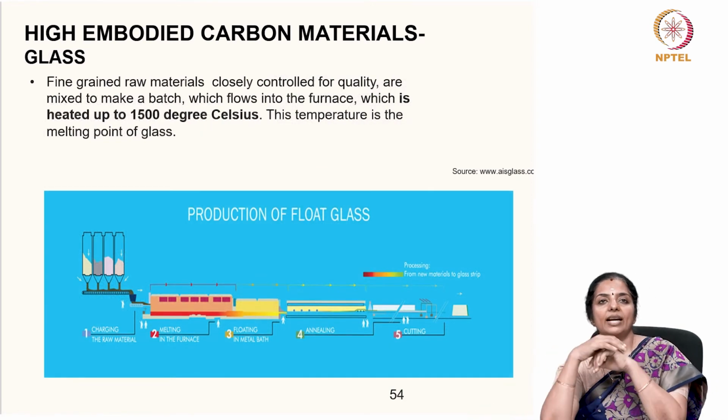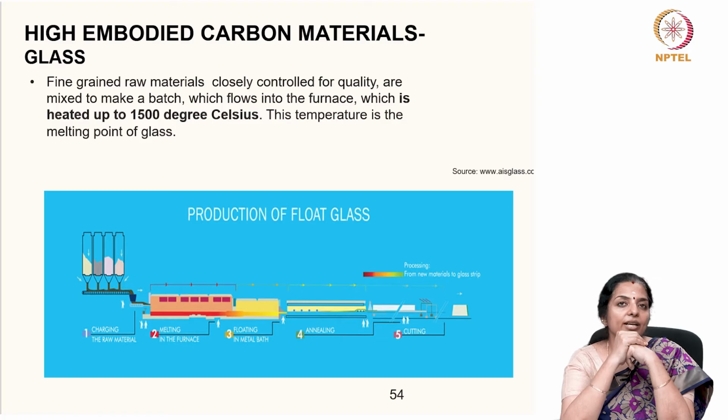Let us now look at another high embodied carbon material, which is glass. The raw materials for glass are silica sand and sodium oxide from soda ash, dolomite along with feldspar.